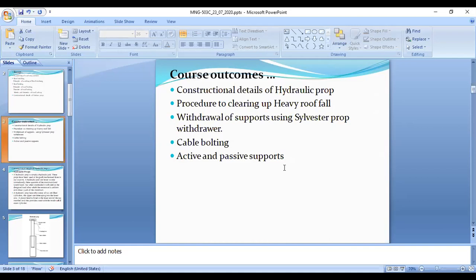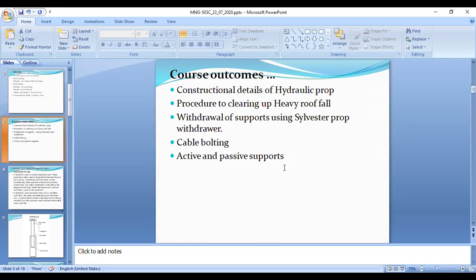Now coming to the passive support. Passive supports are the supports which will carry the load only due to lateral movement of the strata. Once again I repeat, the passive supports are the supports which will carry the load only due to lateral movement of the strata.